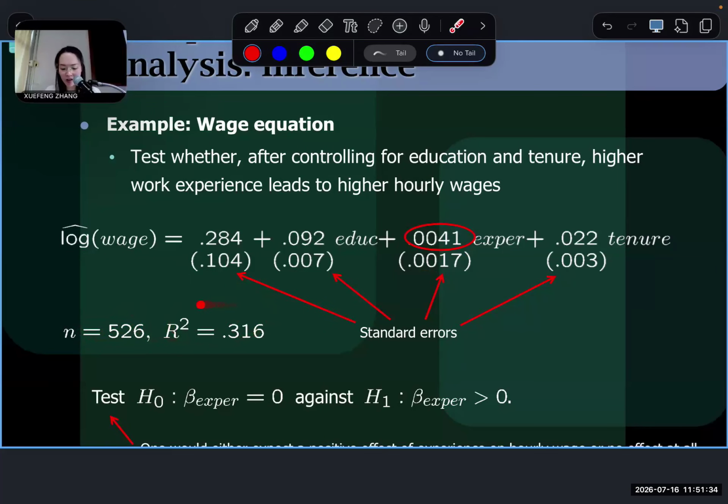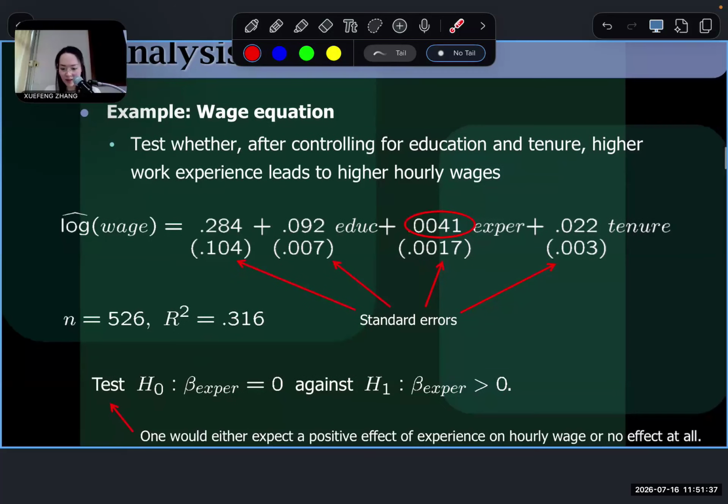This is our R squared. And here we're going to focus on experience. Its coefficient is 0.0041. Standard error is 0.0017.